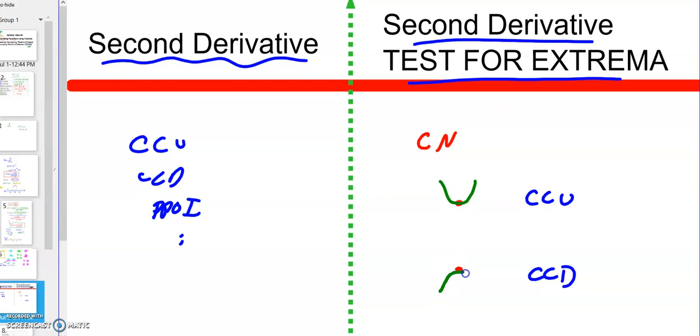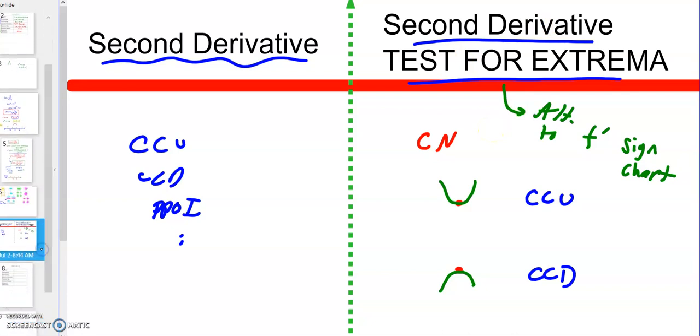If your function is concave down at a critical number, that critical number is a max. Again, this is an alternative to a first derivative sign chart, increasing, decreasing chart. That was the first derivative test. This is called the second derivative test for extrema. We'll talk about that again in class, but that's just the point of confusion for a lot of students.